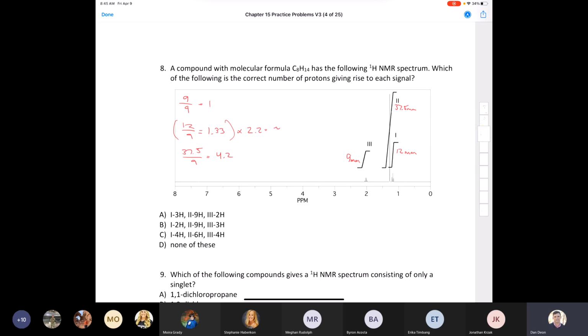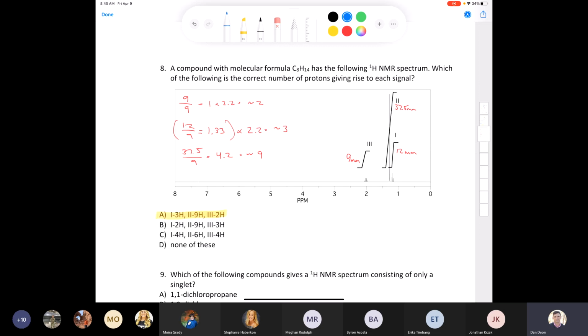You'd get a number that's pretty close to 3. If you multiply 1 by 2.2, you would end up with 2.2, but that's pretty close to 2. And then if you take 4.2 and multiply it by 2.2, you end up with something that's close to 9. And that is the supposed answer. 3, 9, and 2 are the relative numbers of protons.